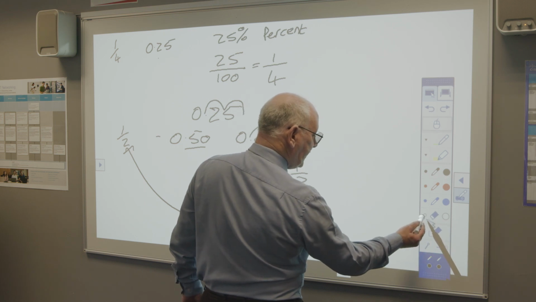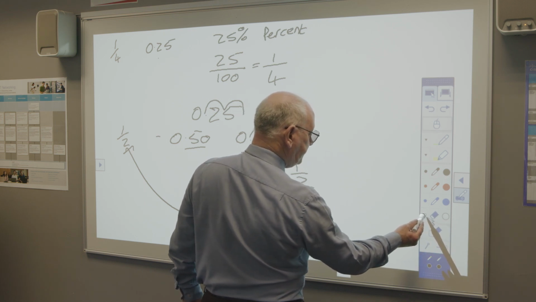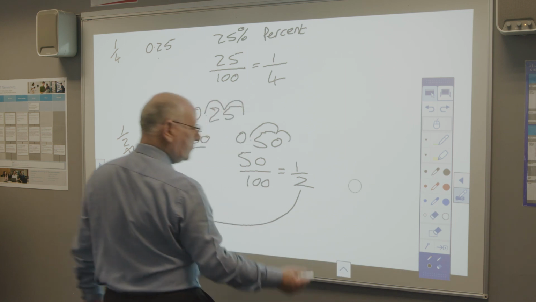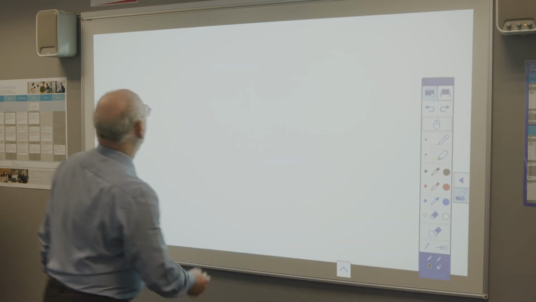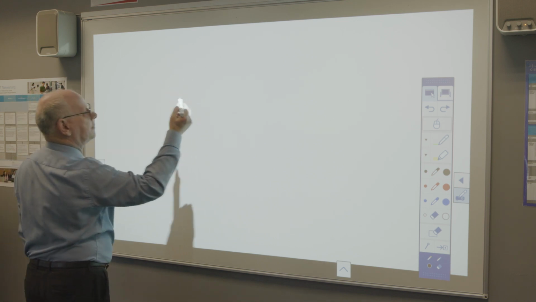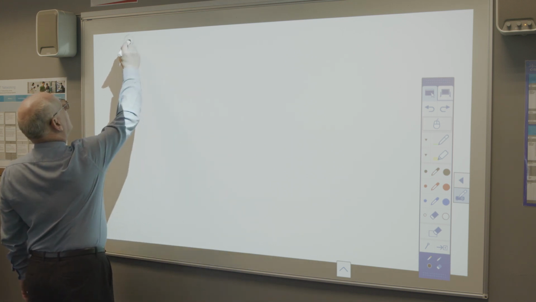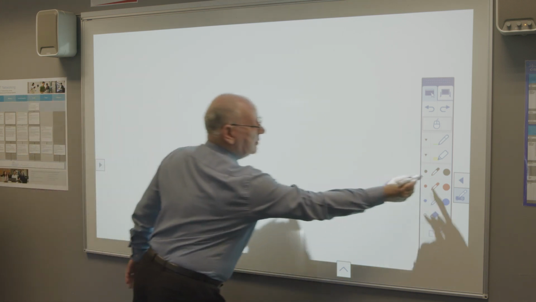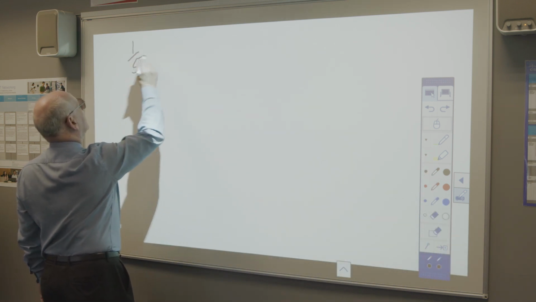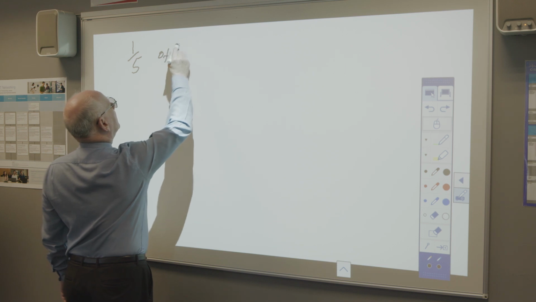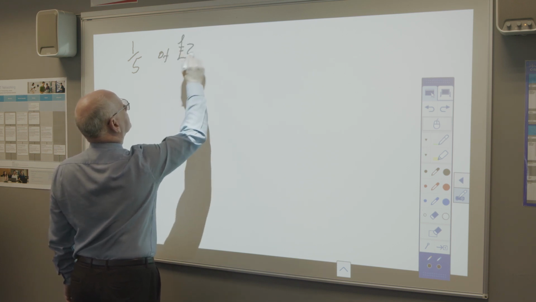So where do you find the fraction part? Okay, let's say we want 1/5 of £250.